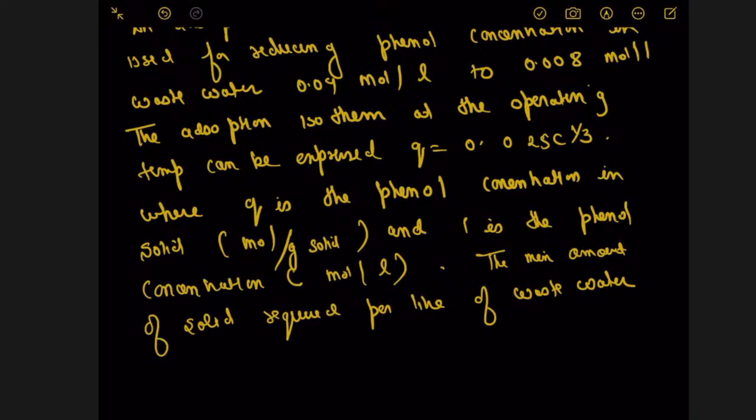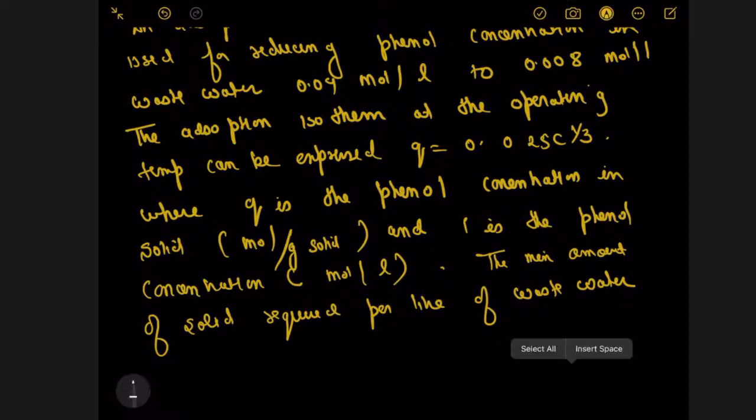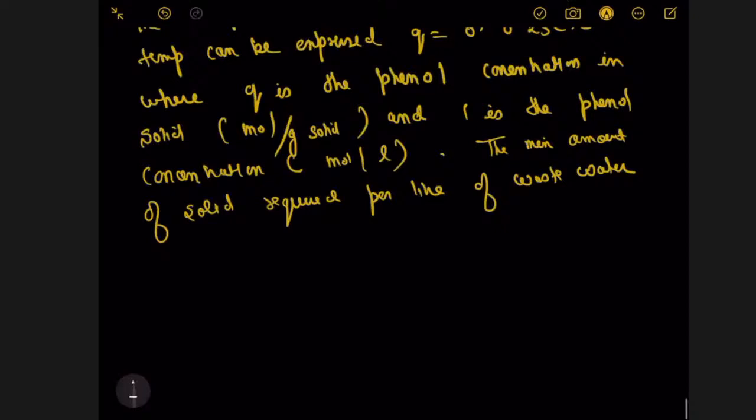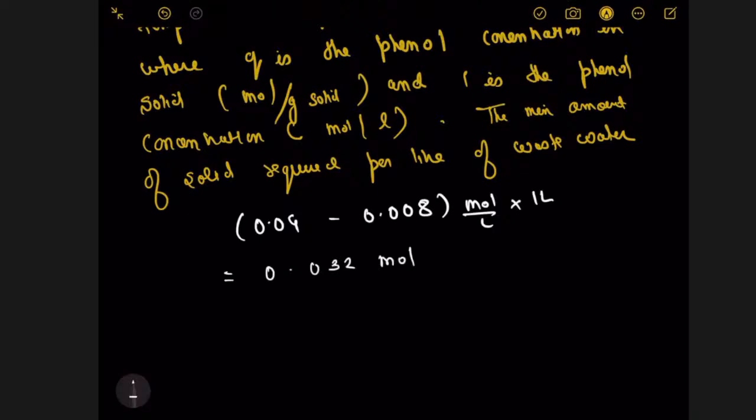See here, adsorption is going on between the phenol and the solid. So how much phenol is to be adsorbed? It is from 0.04 up to this, in mole per liter. In 1 liter, it is 0.032 mole. Phenol is to be adsorbed.